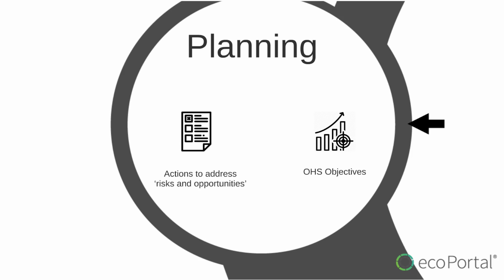So there are two points here. You've got the risk assessment of the operational hazards, and then you've got the risks and opportunities associated with the management system itself. So what are the risks that the management system isn't going to operate effectively, and what are the opportunities for improvement? That's a new concept in the ISO 45001 standard.